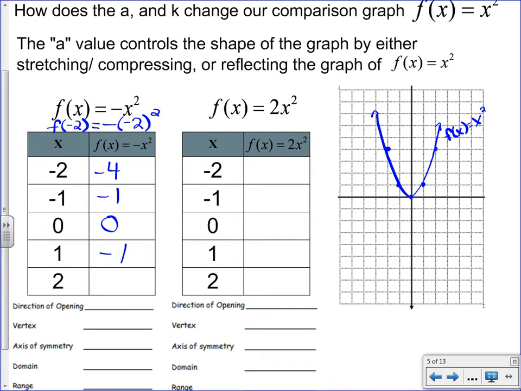Negative 4. So in a different color, I'm going to plot this. So when x is negative 2, I have negative 4.